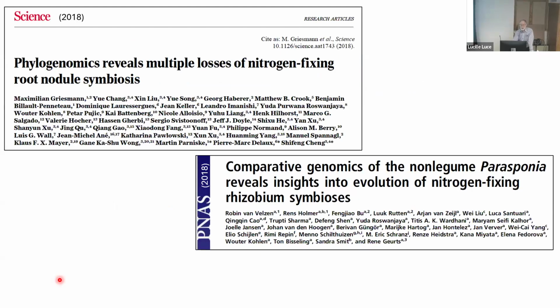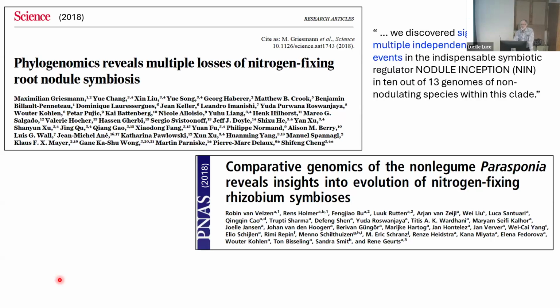So in 2018, that was a seminal year for this, 2 different groups came up with tests of this, and both of them came to the same conclusion. And this first paper discovered signatures of multiple independent loss of function events in the indispensable symbiotic regulator nodule inception, NIN, in a number of different wholly sequenced genomes.